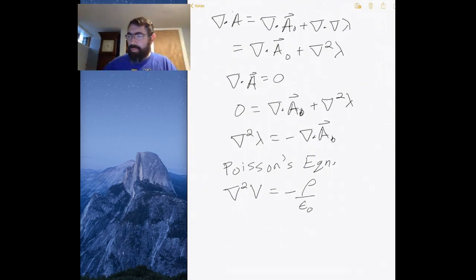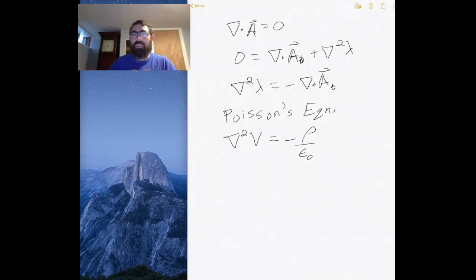So just comparing these equations would imply that the divergence of my initial magnetic potential is a source of magnetic phenomenon.